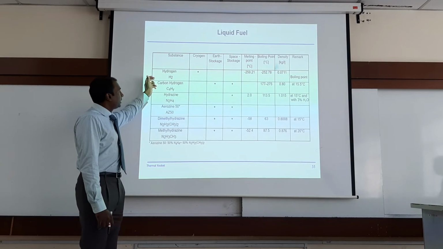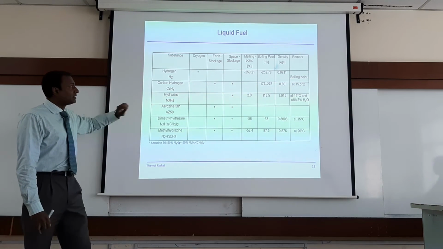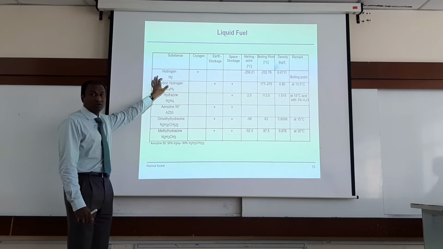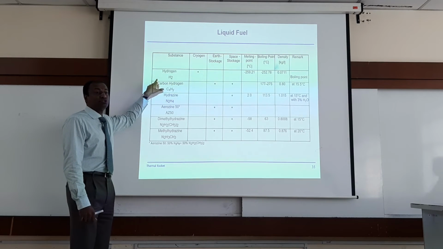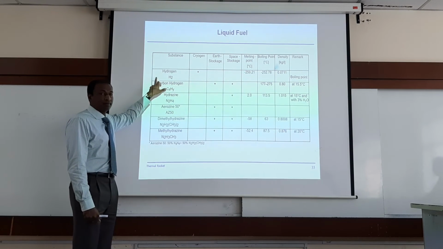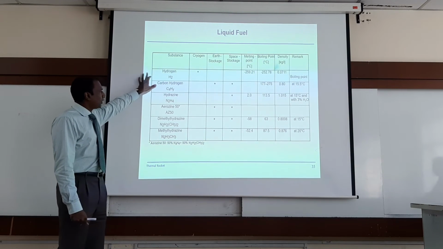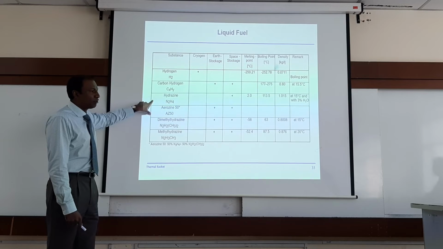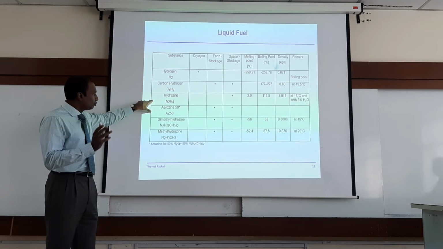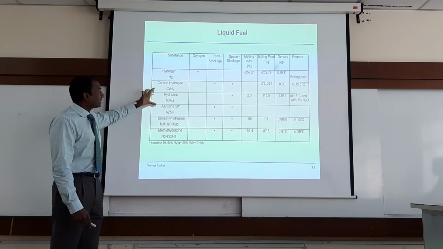Hydrogen can also be a very good fuel. Most modern rockets are using hydrogen, but this is in a supercritical, liquid state. Then you have hydrazine, a very conventional fuel that is still used today.